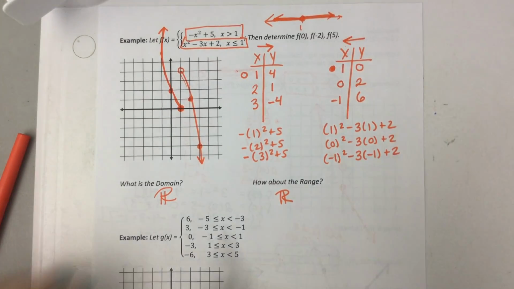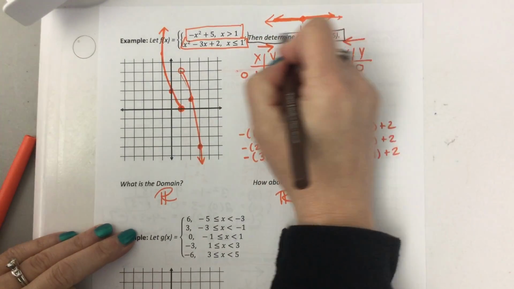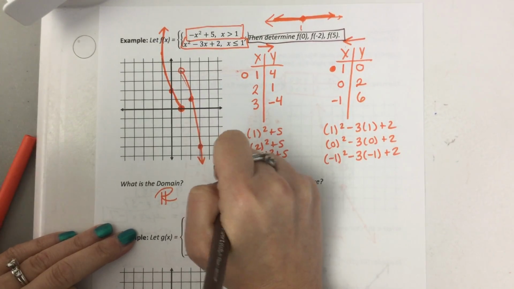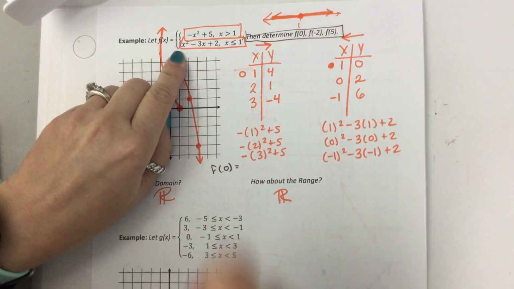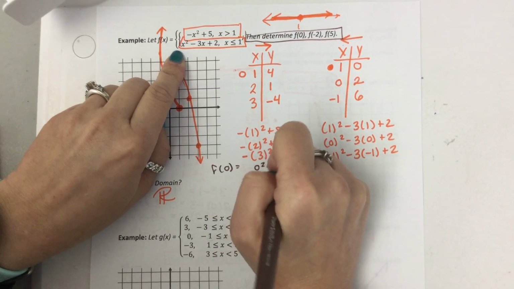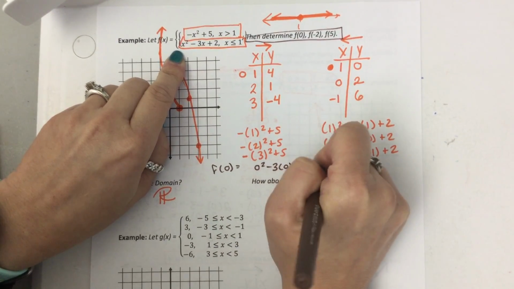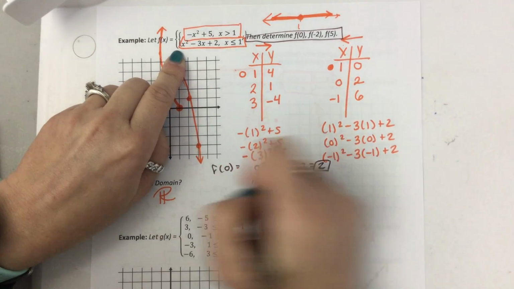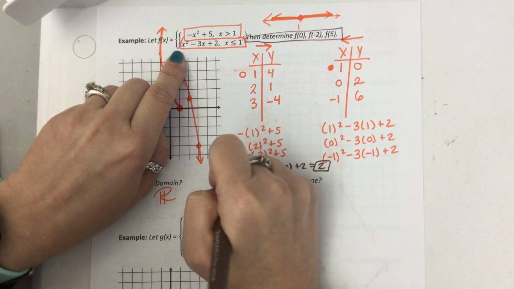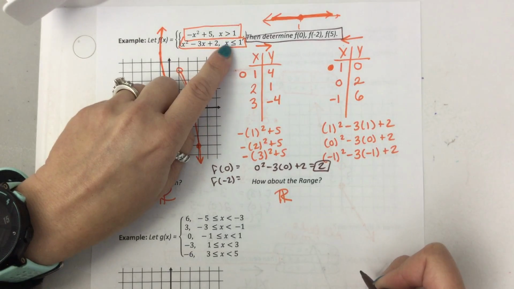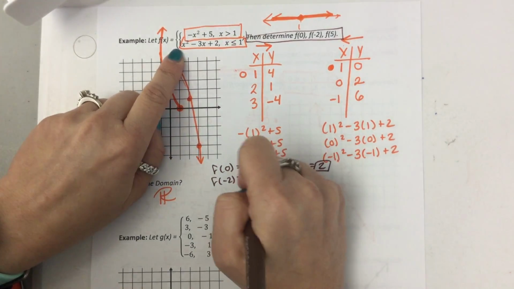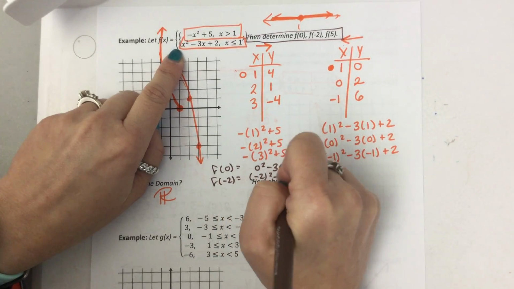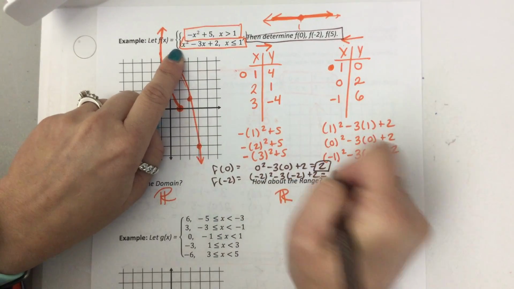Now what I need to do is go ahead and evaluate f of 0. 0 is less than 1. So if I go 0 squared minus 3 times 0 plus 2, I get a 2. If I have f of -2, -2 is less than 1. So it's -2 squared minus 3 times -2 plus 2.